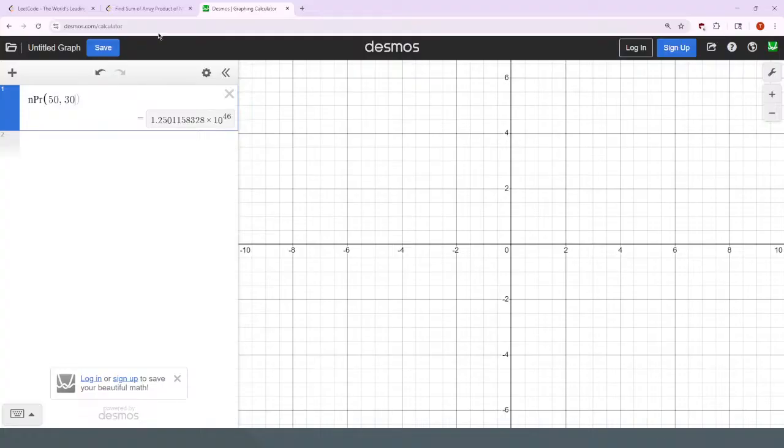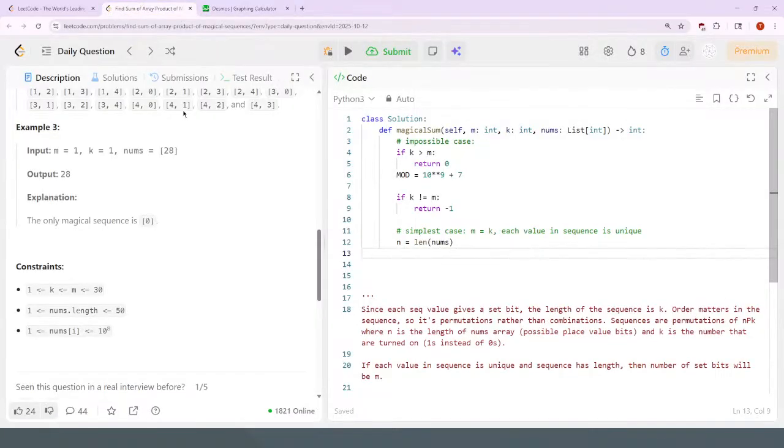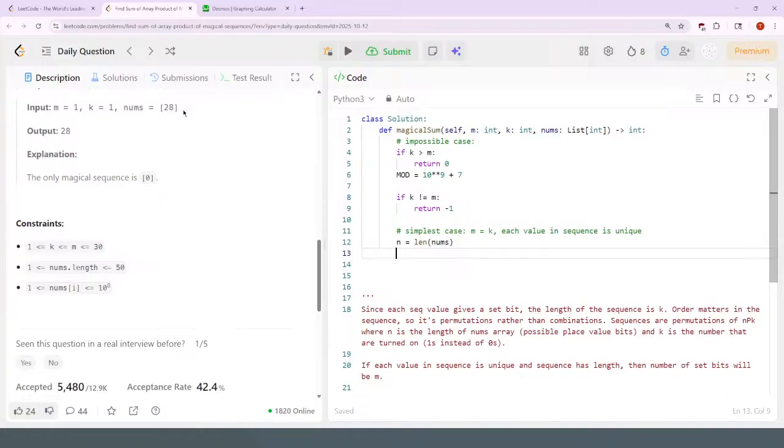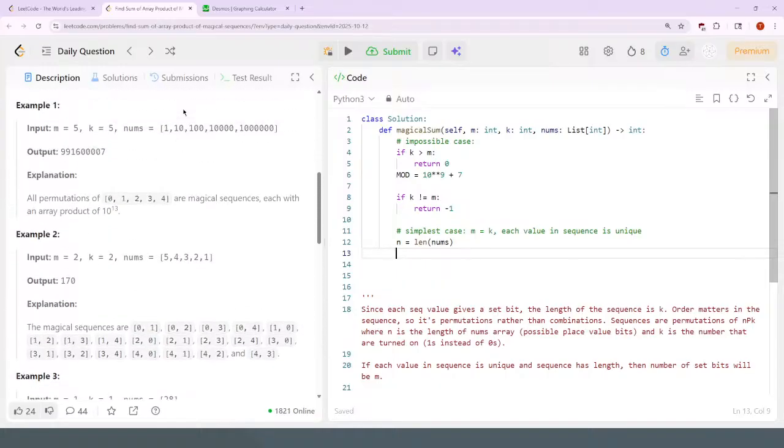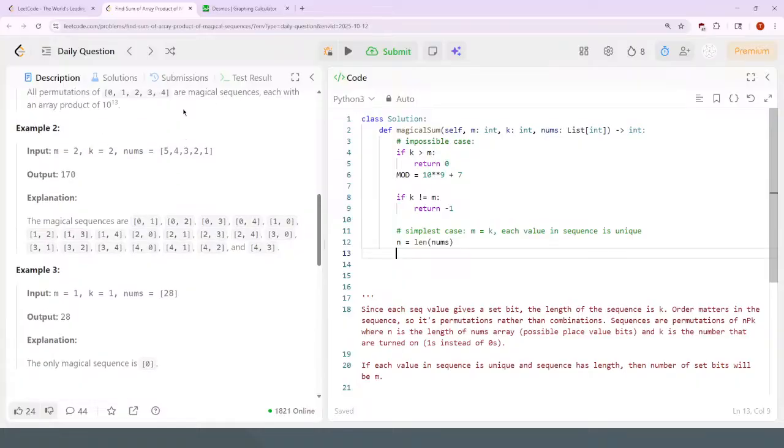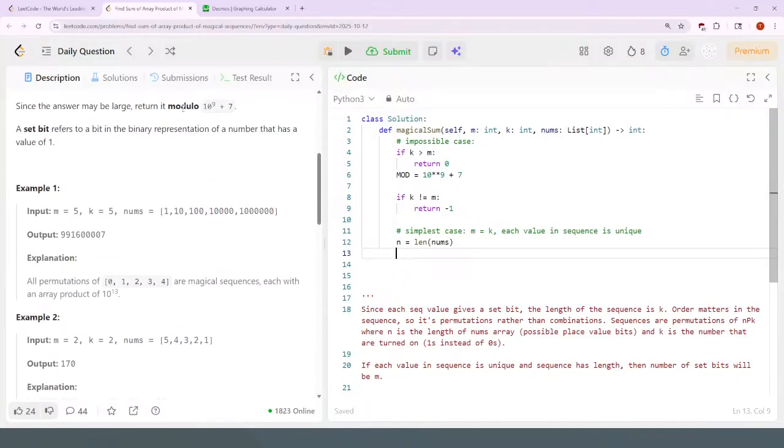It's 10 to the 46 possibilities. 50 permute 30.